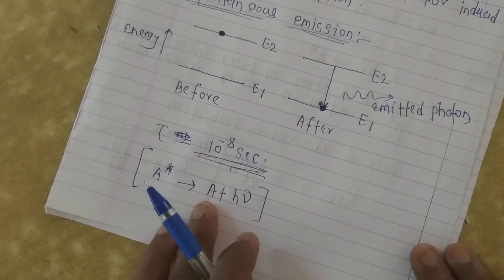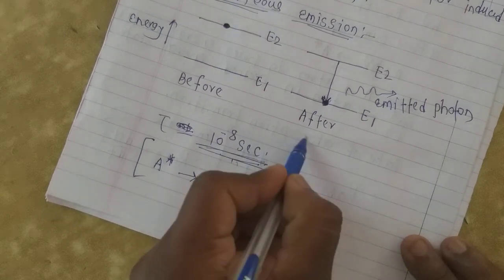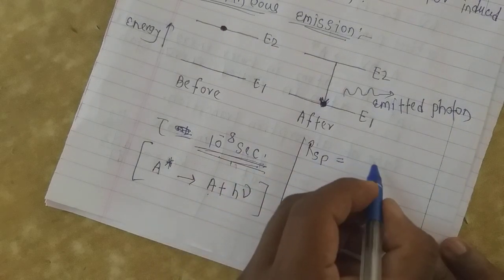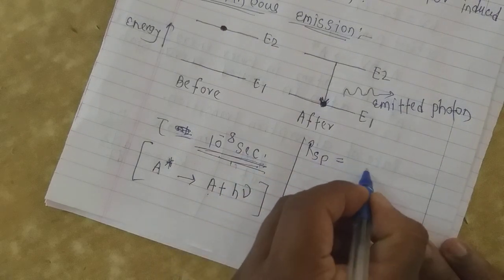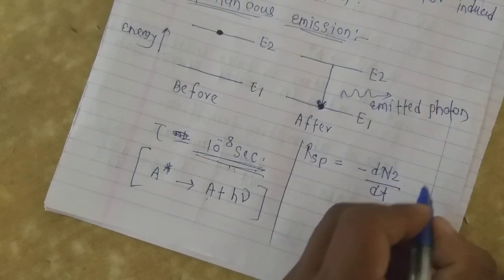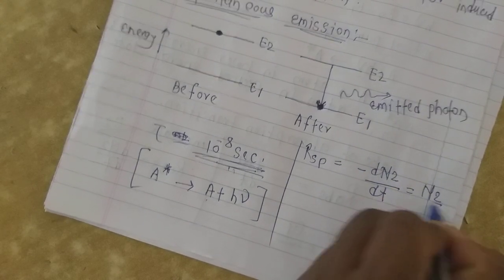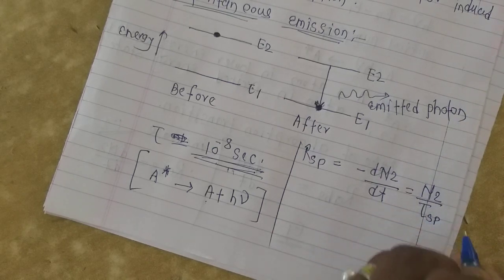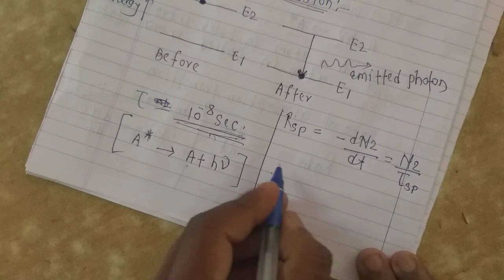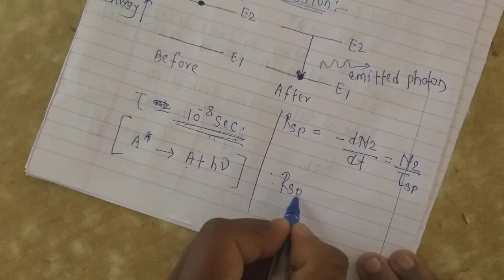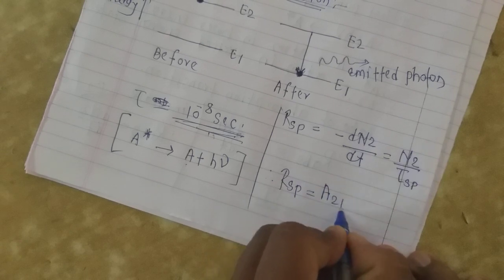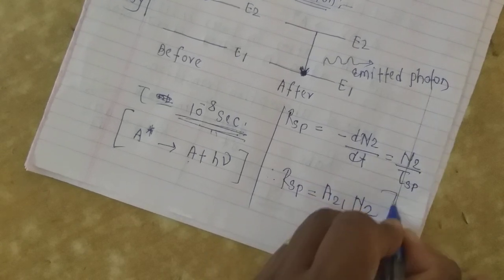Then the rate of spontaneous transition, R suffix sp, is minus dN2 by dt equal to N2 by tau, where tau is the average lifetime of spontaneous transition. In terms of the Einstein coefficient, the rate of spontaneous transition is A21 into N2.